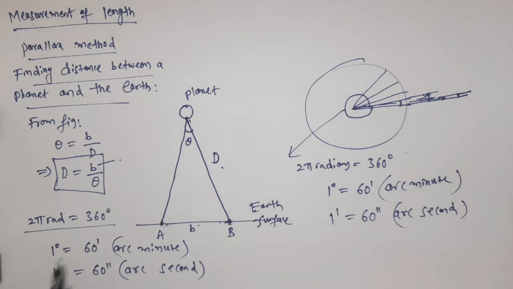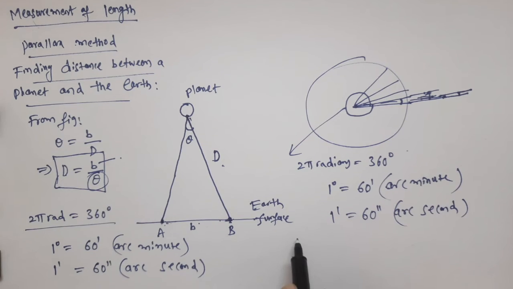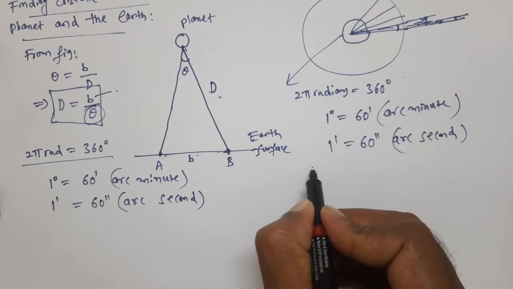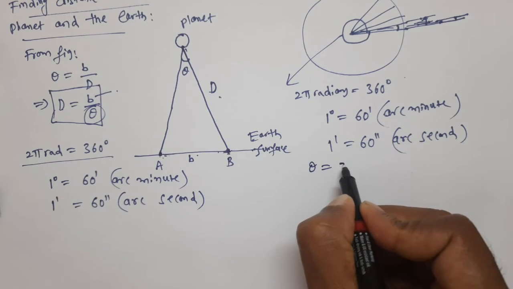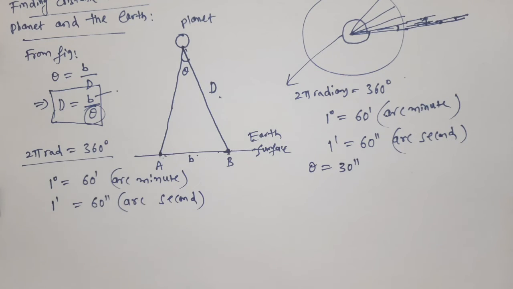But remember, finally, whenever we substitute theta, theta must be in radians. Suppose I am getting the angle theta equal to some 30 arc seconds. Now how do we convert this 30 arc seconds into radians?